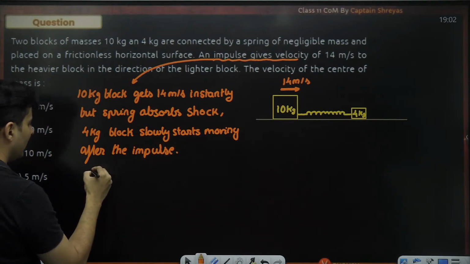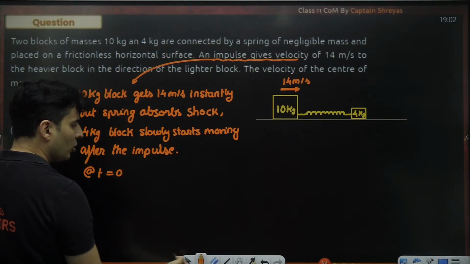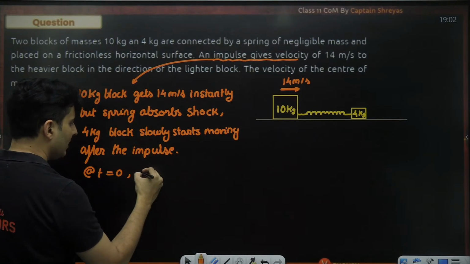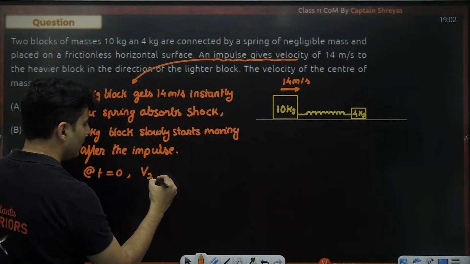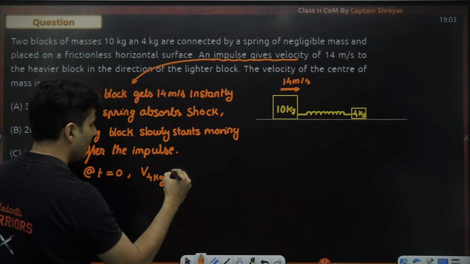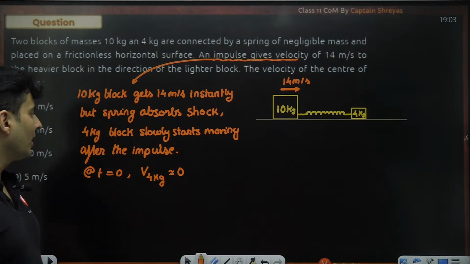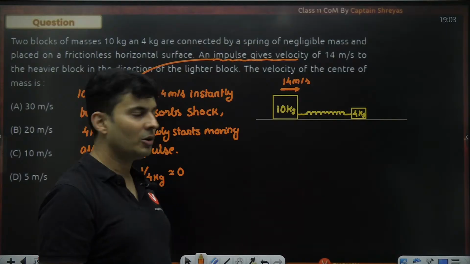So therefore, at t equal to 0 or very close to 0, you will see that the velocity of that 4 kg block is going to be negligible. It's hardly going to have anything. So you can ignore the velocity of the 4 kg block.